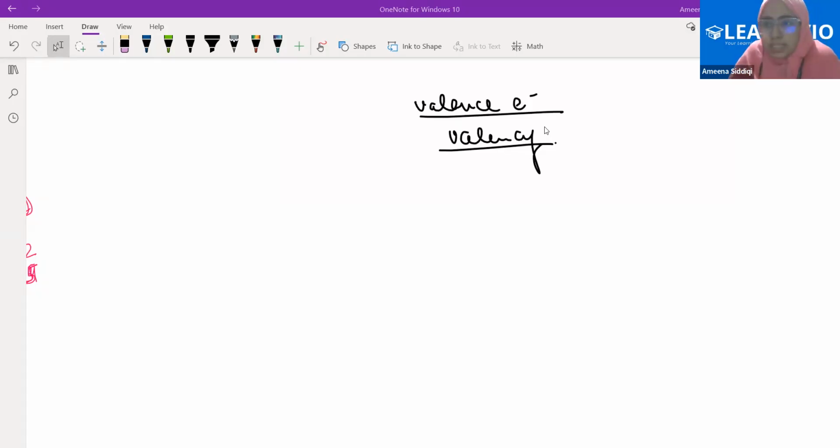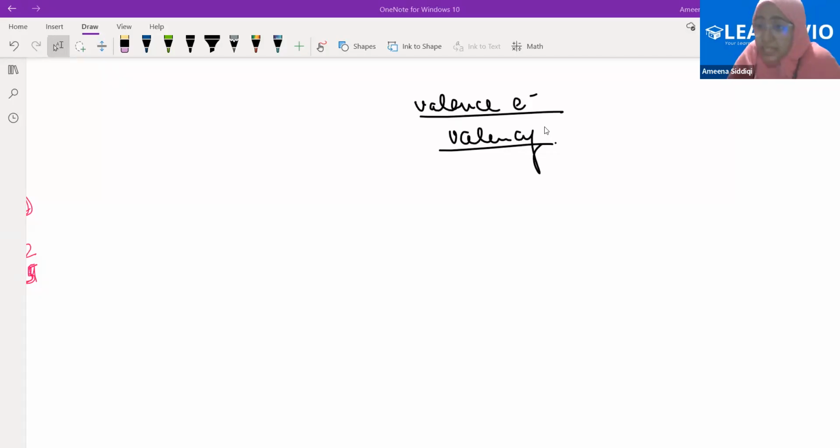Wonderful. Basically, the valence shell is the last shell of an atom, and the electrons present in it are the valence electrons. Out of those electrons, the ones participating in the chemical bonding of the atom are referred to as the valency. Yes or no? Fine.